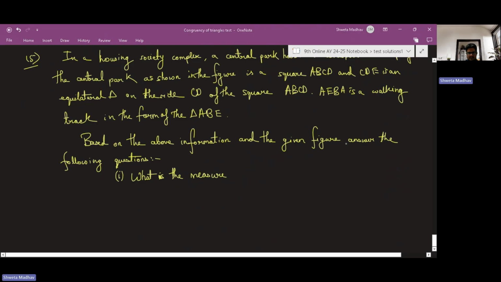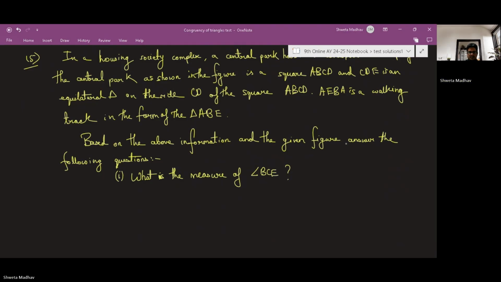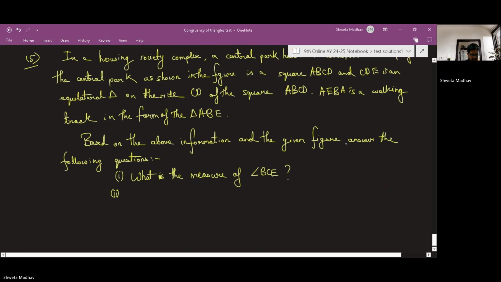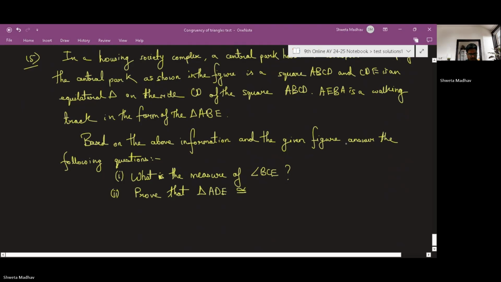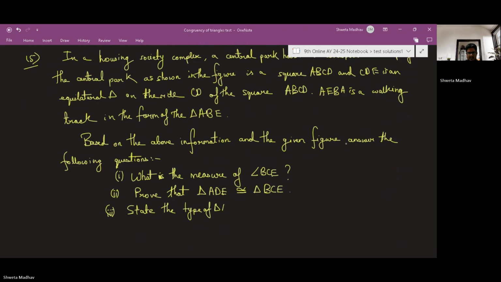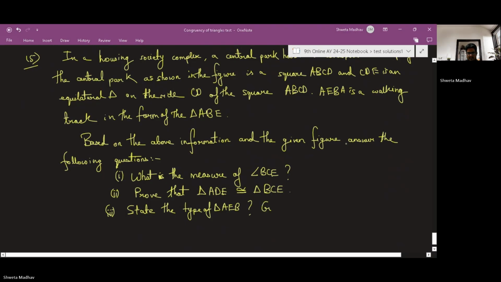What is the measure of angle BCE? Prove that triangle ADE is congruent to triangle BCE. State the type of triangle AEB. Give reason.